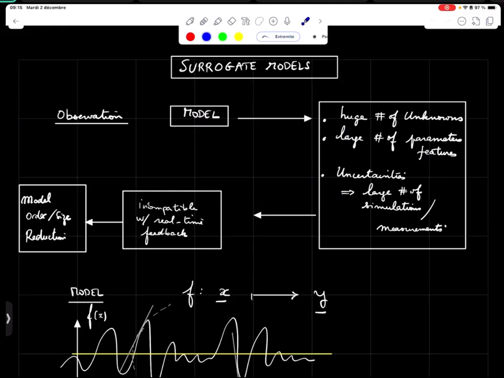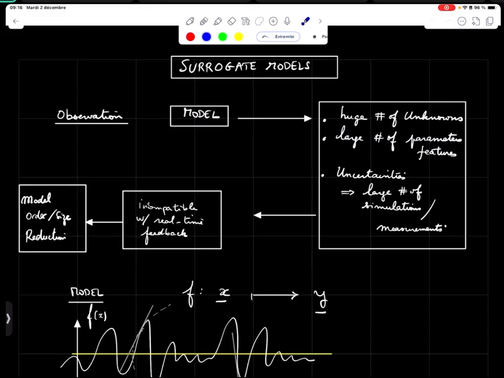So that means that if you want to understand anything about this problem, you're not going to be able to do a single run. You cannot understand the problem by doing one deterministic simulation. That doesn't make any sense because the model has uncertainties and parameters that you cannot measure exactly. So doing a single run is not meaningful at all.